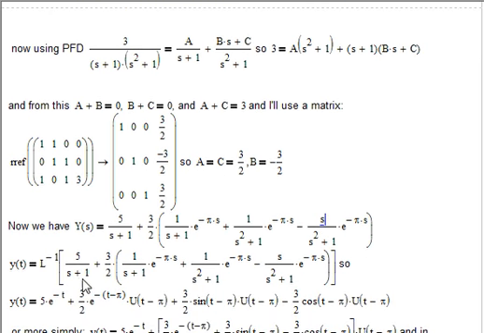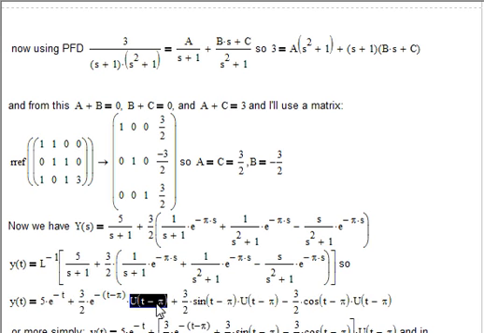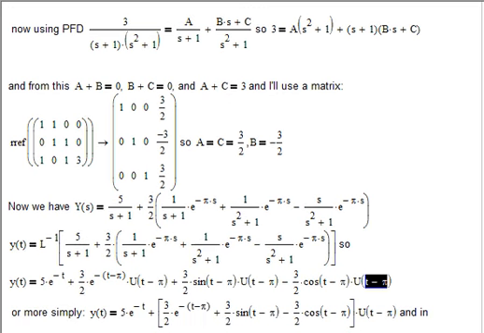So y of t is the inverse transform of all that, and so therefore, of course, this is easy, 5 times e to the negative t. This 3/2 times e to the negative t minus pi times u of t minus pi, and then plus 3/2 times, for this one, sine of t minus pi times u of t minus pi, and then minus 3/2 cosine of t minus pi times u of t minus pi.